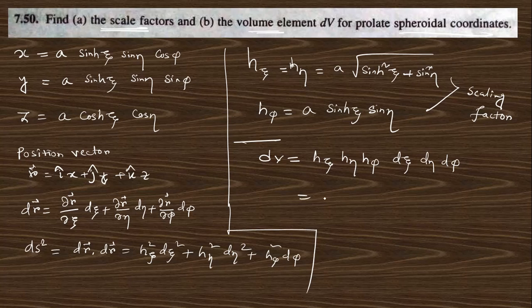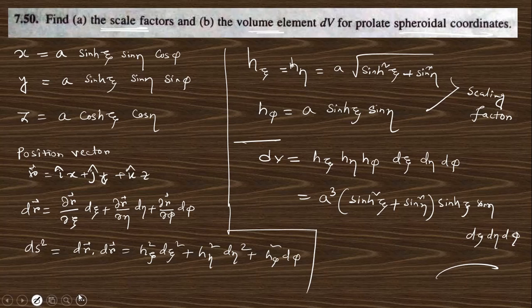So if you multiply, you get a cube within brackets sinh square xi plus sin square eta, and with that sinh xi sin eta multiplied by d xi d eta d phi. Okay, so this is the solution of this question. I skip this calculation; you can do this calculation. If there is any problem or query, you can comment in the comment box.